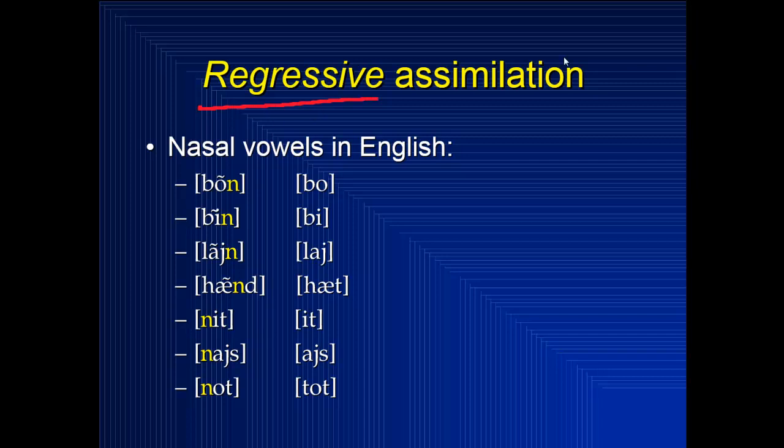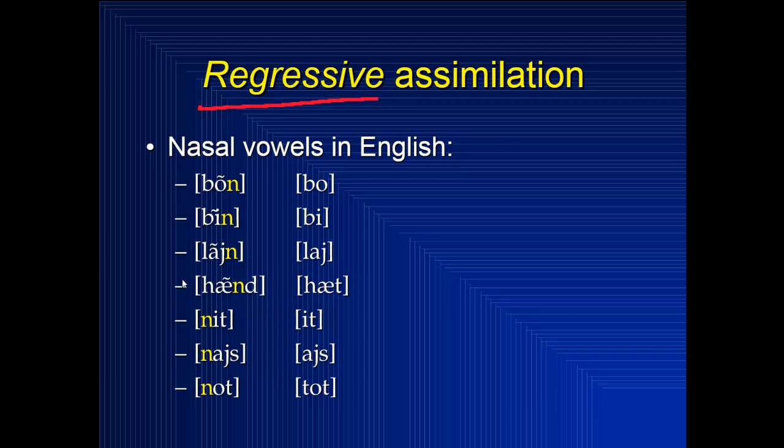We can talk about regressive assimilation. Here we can talk about the effect of the nasal sound on the vowel just before it. So, for example, bon. The vowel o becomes nasalized. This is due to the influence of the following sound n. Bin, pine, hand.